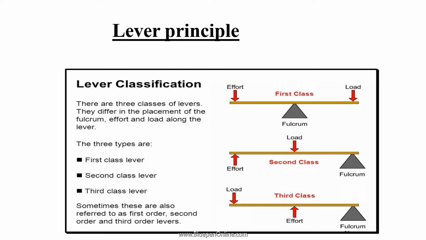Then when it comes to second class, it is ELF. Now load is in the middle, right? Here it was fulcrum, here it is load. Now in the third class, it's LEF. Now effort is in the middle. Right. This is how we classify the different types of lever: first class, second class and third class.